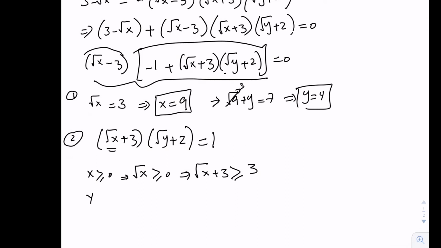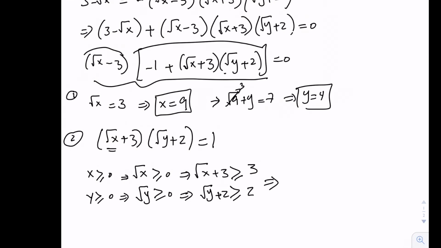And since y has to be greater than or equal to 0, then square root of y will be greater than or equal to 0, and therefore square root of y plus 2 has to be greater than or equal to 2.